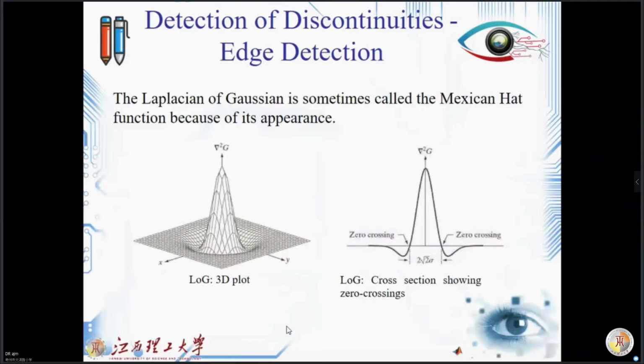Just see the figure of this LOG, and it gives some sense about the LOG or Mexican hat that we have.